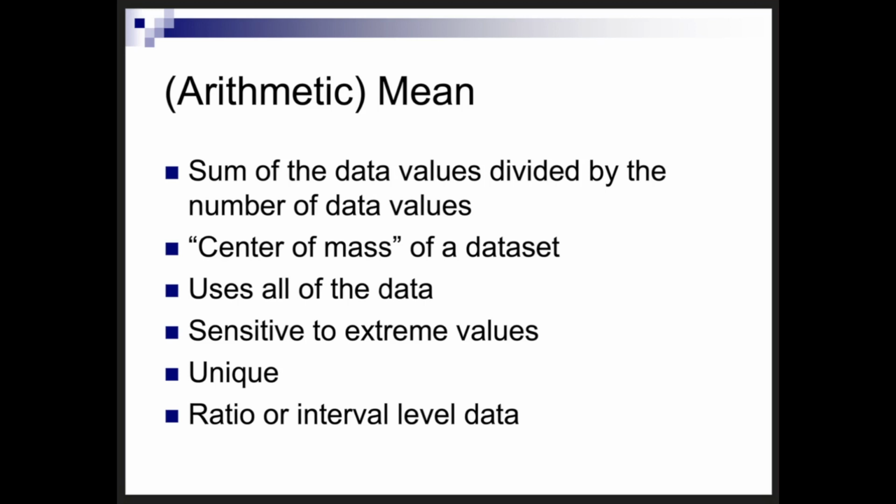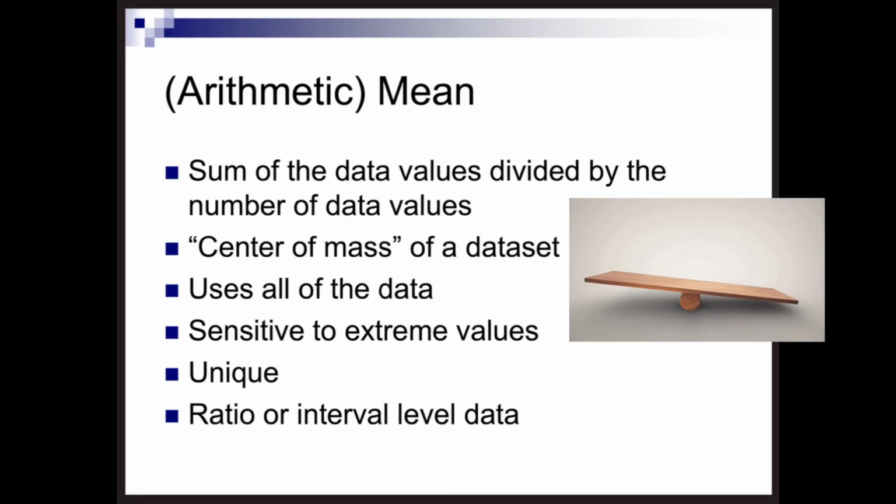Now the arithmetic mean has a physical interpretation: the center of mass of a data set. If we think about taking these numeric values in the data set and plotting them on a horizontal axis, and then taking a fulcrum and sliding it underneath that axis, in some positions that horizontal axis will be tipping to the right.